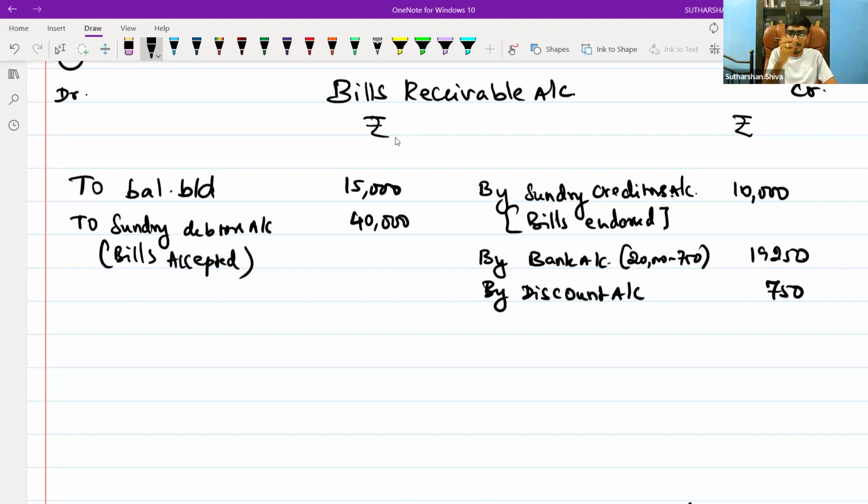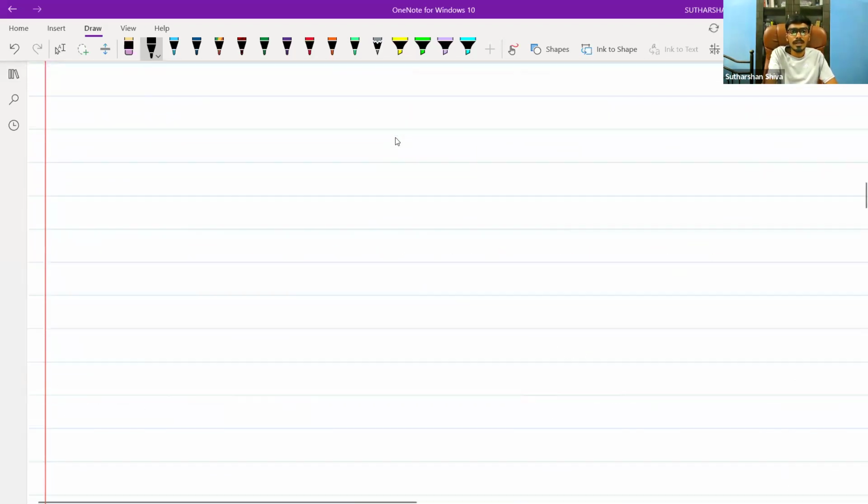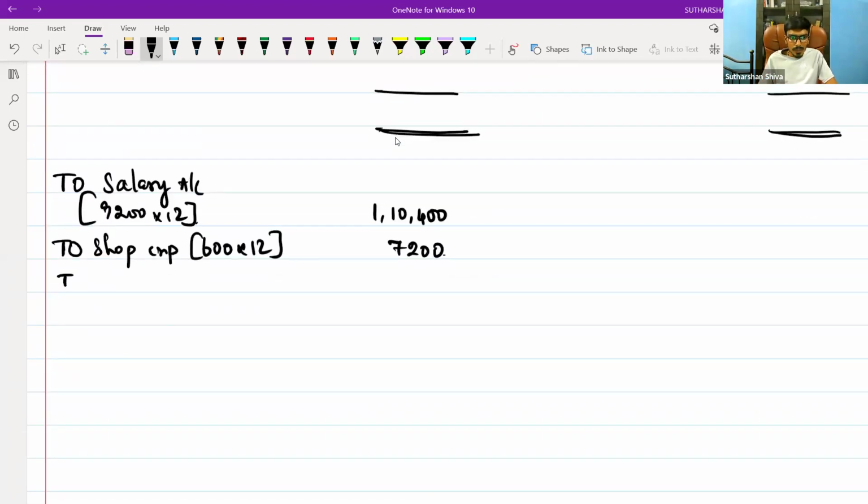It means in my trading account or in my profit and loss account, it needs to be on the debit side. So I will go to my profit and loss account as a discount allowed. I will write down 750 over there to discount account, or if there is one more discount over there, I need to add this.